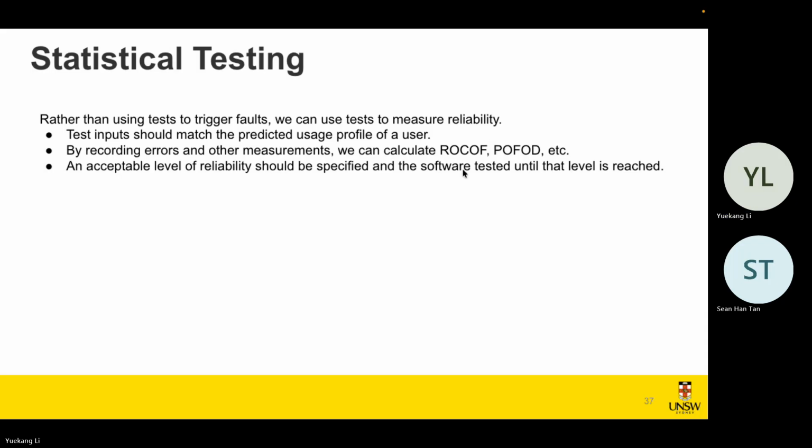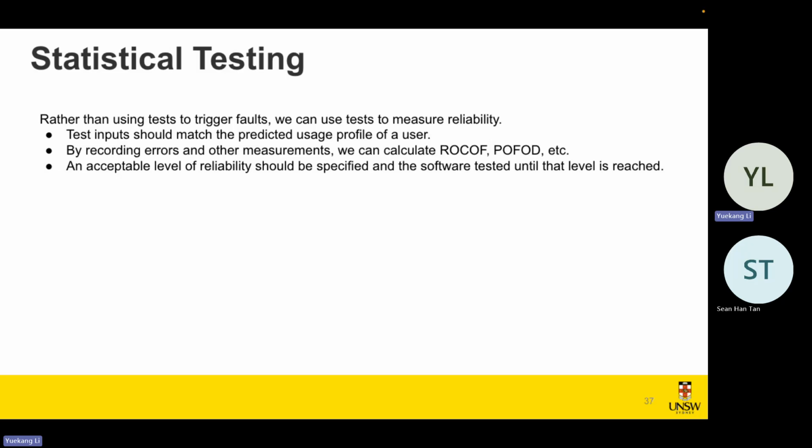In statistical testing, for normal testing, we are looking for bugs, we are looking for faults. Rather than looking for faults, in this scenario we are using test cases to test the reliability of the software. In order to test the reliability of the software, we should match the usage profile of the users.